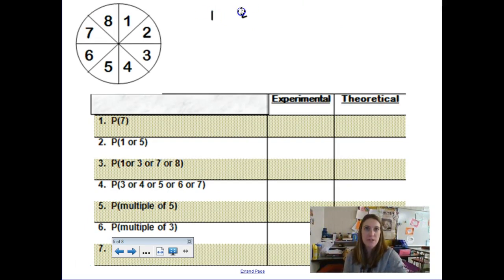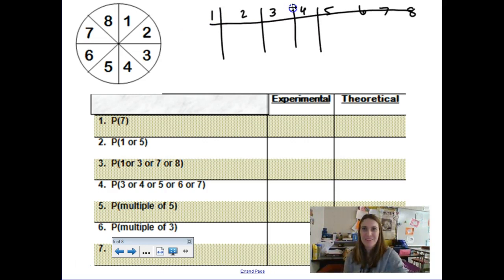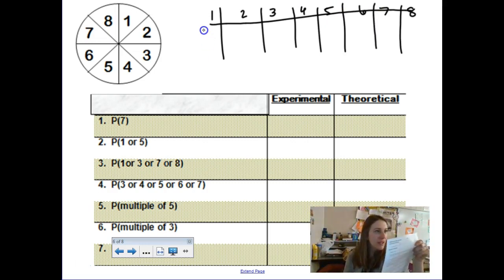So like a 1, 2, 3, 4, 5, 6, 7, 8, and, oh man, drew right through my chart. There we go. And they tallied it up on our paper, so get my bifocals out here. Oh gosh, 4 times it landed on 1.